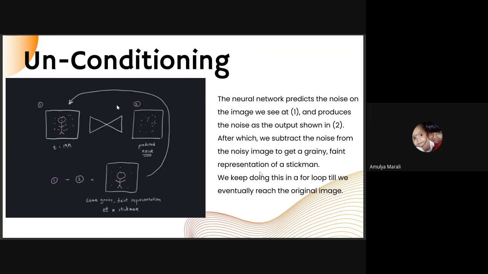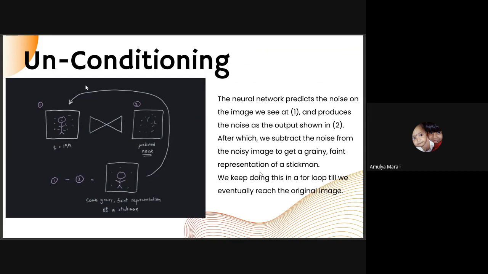position timestamp, you had this image of a man or a stick figure with complete noise in it. Then later, after going through these iterations of removing noise, predicting noise, removing noise, predicting noise, you generated at the end this faint representation of the stickman.